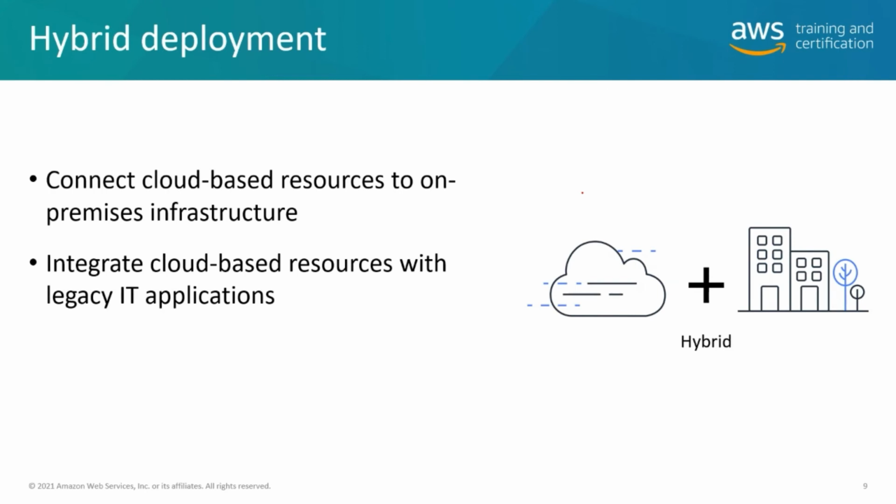And in the hybrid deployment, I want to take some advantage from the cloud models and some advantage from my on-premises models. So I run my highly available applications in the cloud, meaning I take the advantages of high availability and high scaling from the cloud, and the data that I want to keep secure, I keep here in my on-premises data centers.